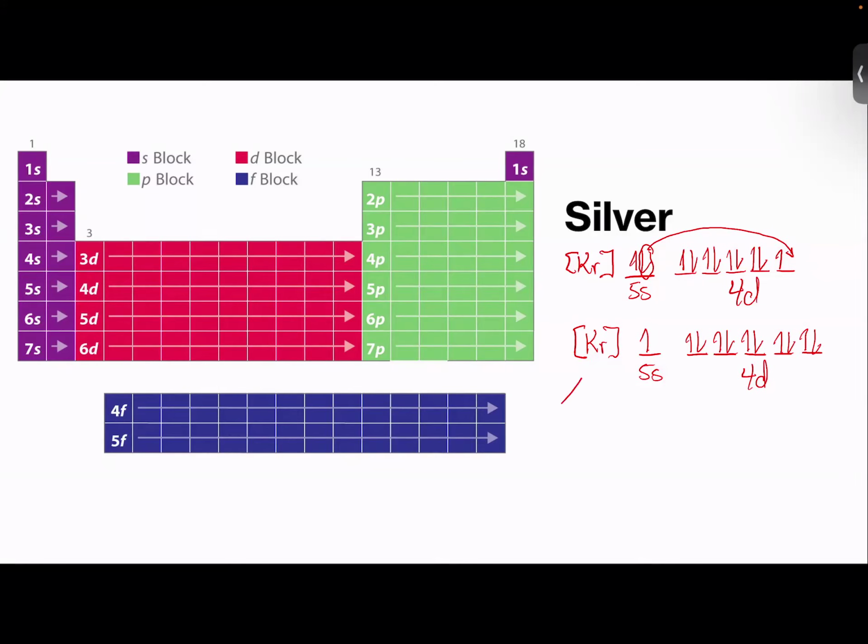So this one is more stable. So for group 11, you're going to promote an electron from the s subshell into the d subshell so that you have a half-filled s and a full d.